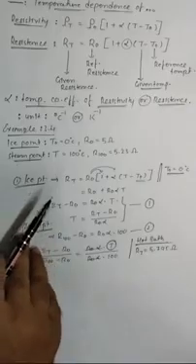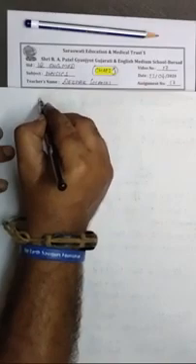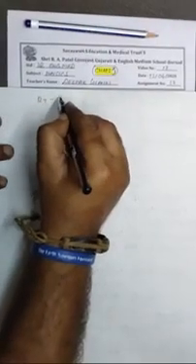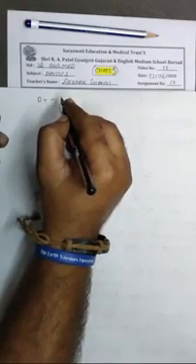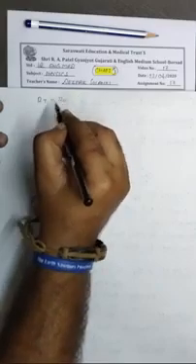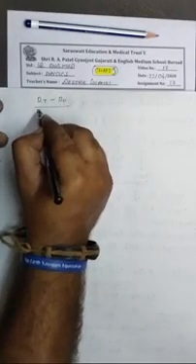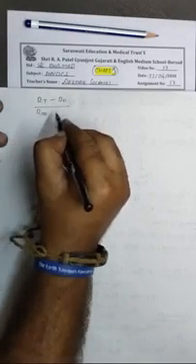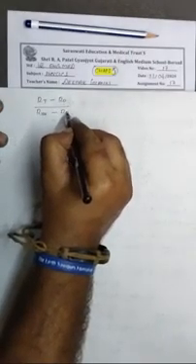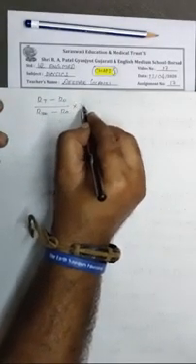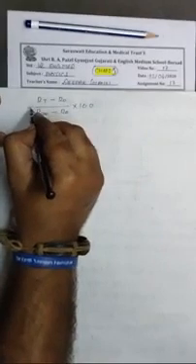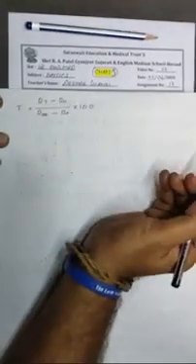So we are writing that equation once again. See, it is already there in our textbook. That is, RT minus R0 upon R100 minus R0 multiplied by 100 is equal to T.